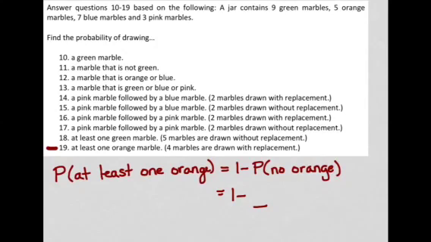So probability of not orange the first time is going to be 19 over 24, and then the second time it'll be 19 over 24, times 19 over 24, and then times 19 over 24. And when we multiply this out on the calculator, it won't give you a fractional answer. I think the denominator is a little too large.